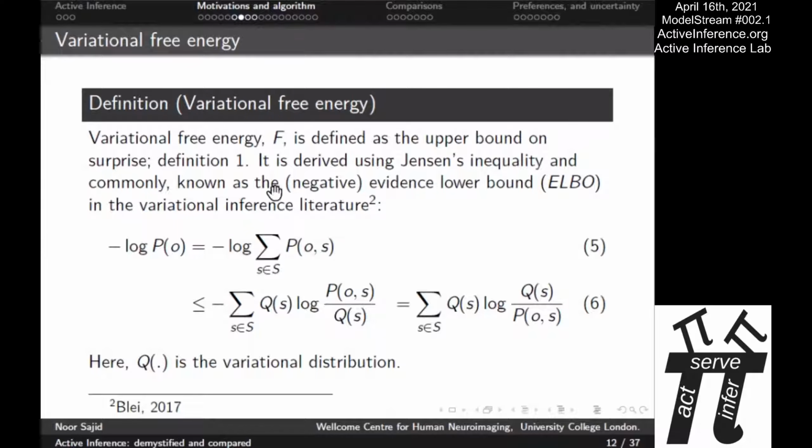So we get this from equation 4 that we just saw by introducing negative log on both sides, and then multiplying this term by 1, which is essentially Q of S over Q of S. So we're assuming that Q of S cannot be equal to 0. And with that, we then apply Jensen's inequality and we move the log inside the function, and we end up with our expectation with respect to Q of S for log of the joint over the approximate or the variational quantity of interest here.